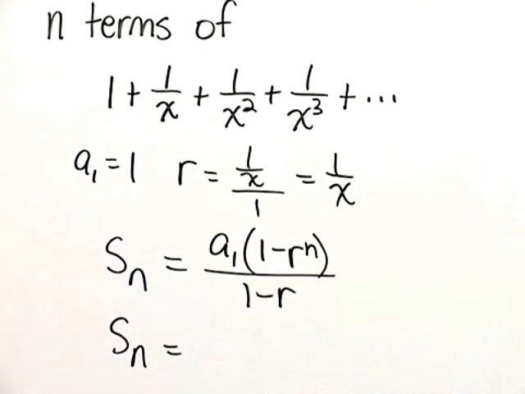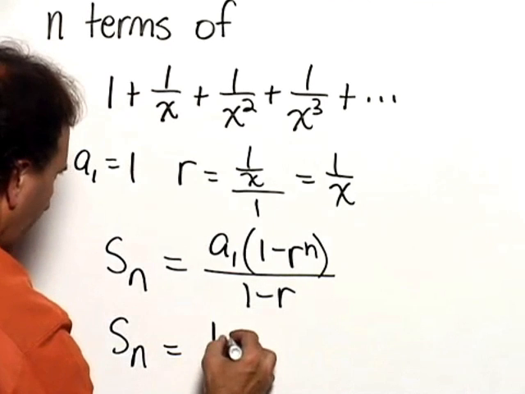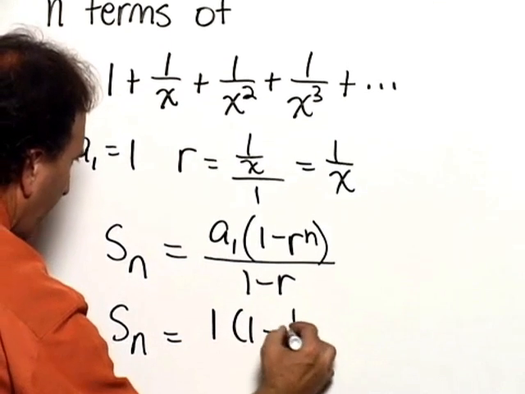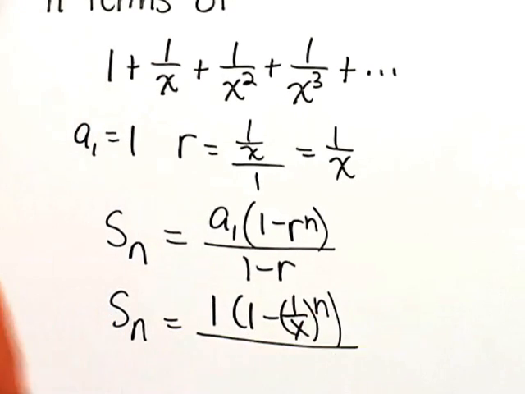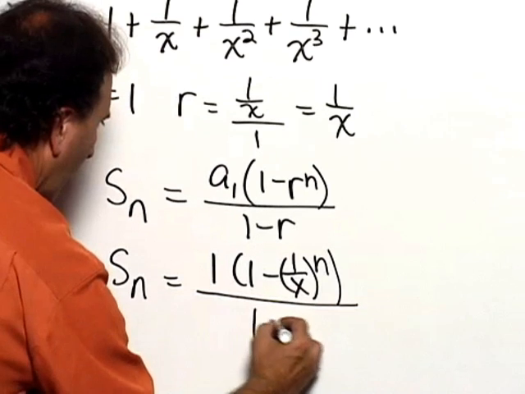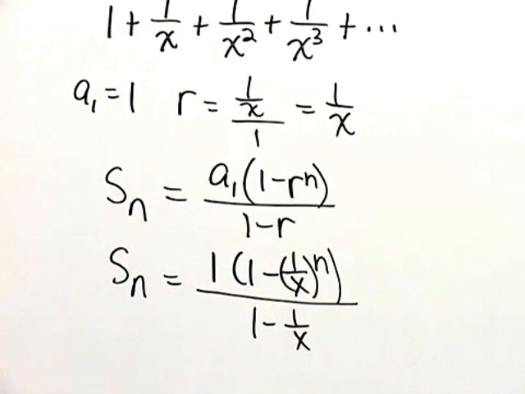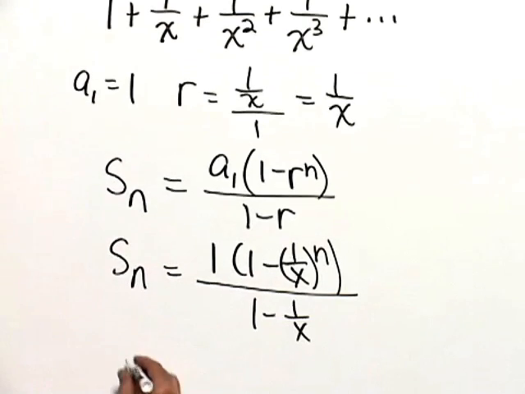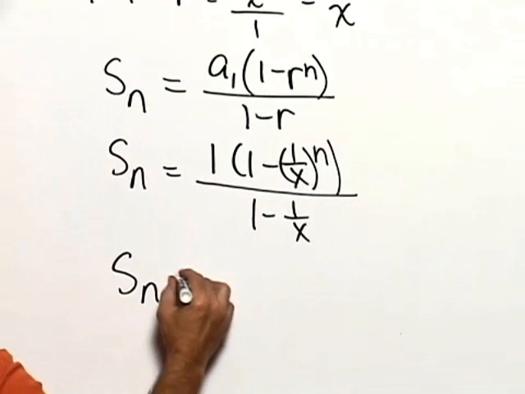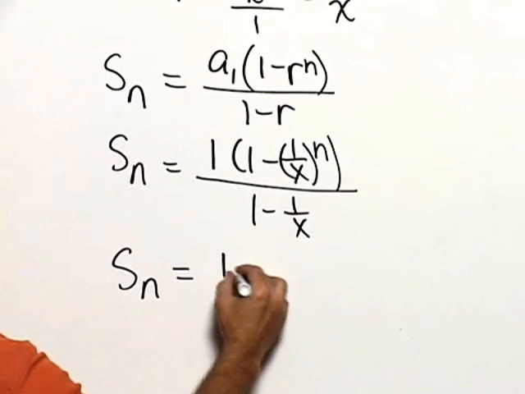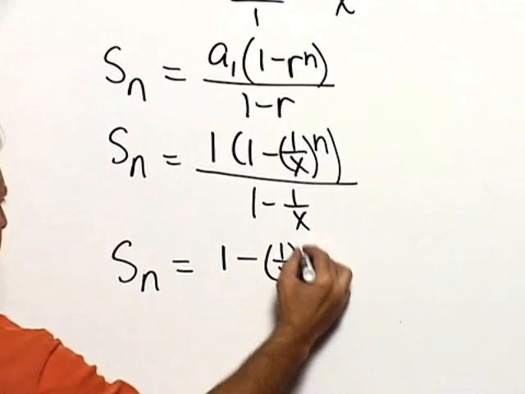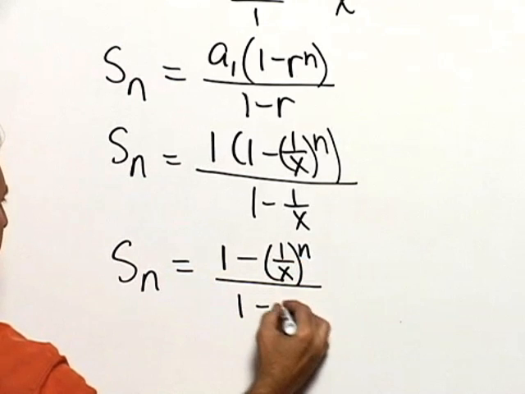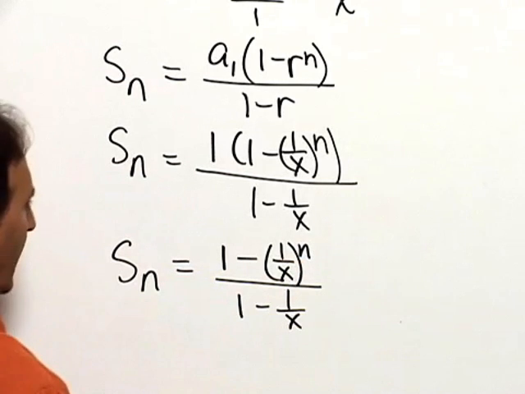S sub n would be equal to 1 times 1 minus 1 over x raised to the n, divided by 1 minus 1 over x. Simplifying that just a little bit, we could give an answer S sub n equals 1 minus 1 over x to the n divided by 1 minus 1 over x.